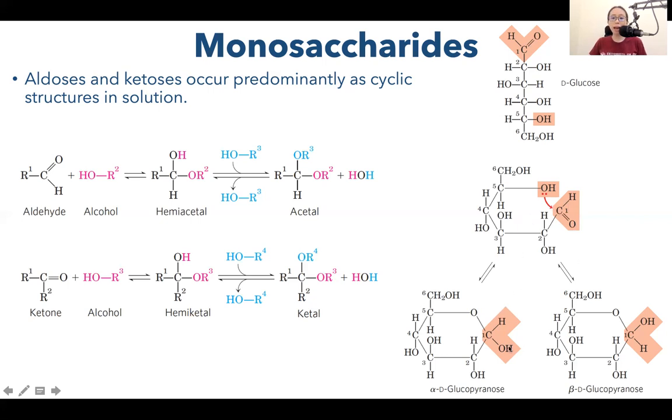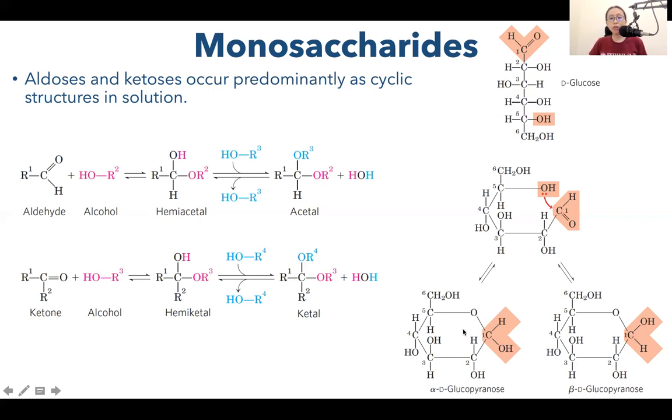So in the end, we have two possible products of the reaction. We have one in which your hydroxyl group attached to carbon 1 is found below the plane of the ring. And the second product is one in which your hydroxyl group attached to carbon 1 is found above the plane of the ring.